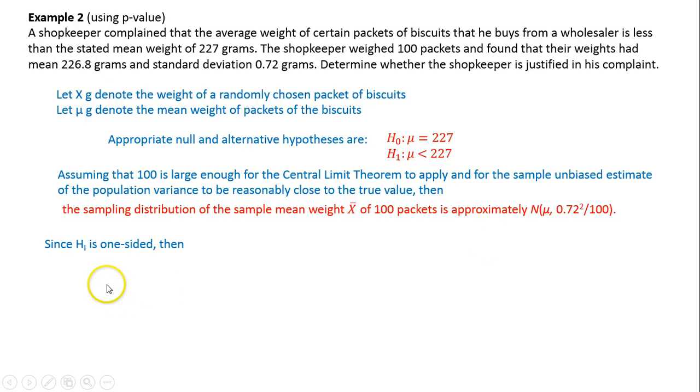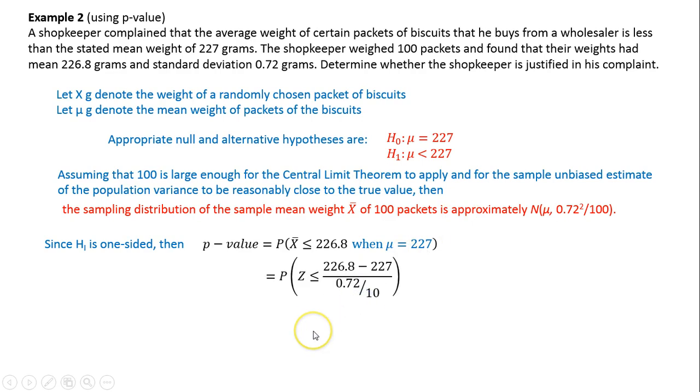Since H1 is one-sided, the p-value is just the probability X bar is less than 226.8 when the mean is 227. That's what we're testing.